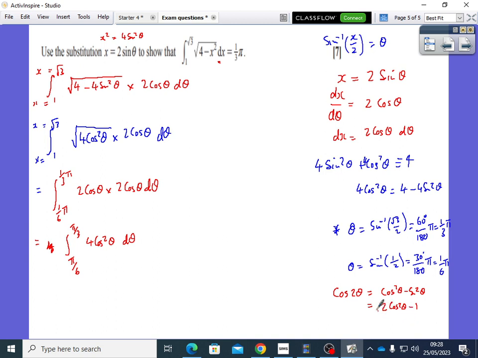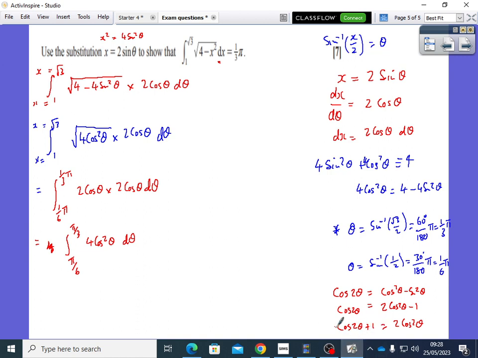And if I rearrange this, take that to the side, I'll get cos 2 theta plus 1 equals 2 cos squared theta.